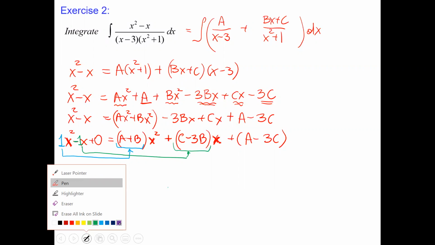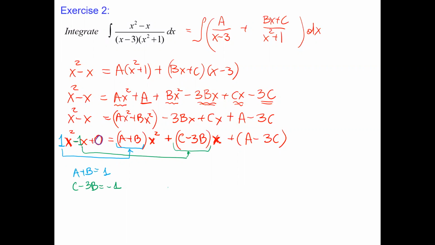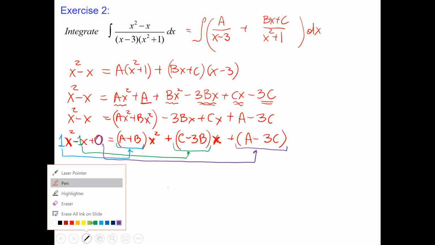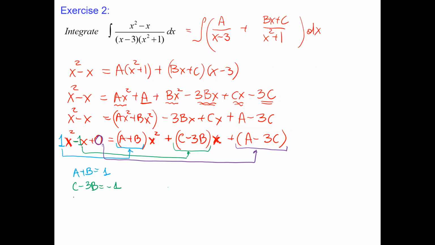Then I can use a different color. 0 is the constant term, and it's equal to this: A minus 3C equals 0. I don't know if this is extremely helpful this time, but we do have a system of equations with 3 unknowns.